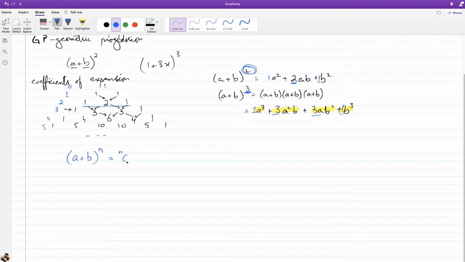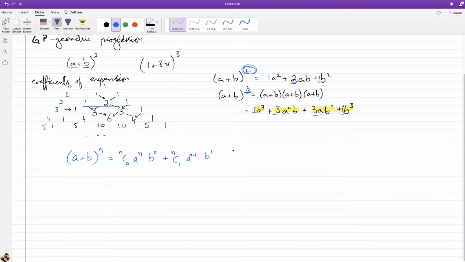Coefficient, what number of coefficient? 0. We want the 0th coefficient, right? For the first one. And then a to the power n and b to the power 0. You will see a pattern as it increases. So n coefficient 1, a to the power n minus 1, b to the power 1.